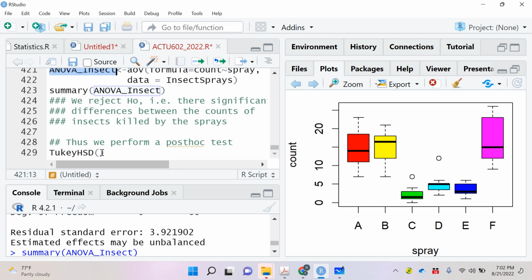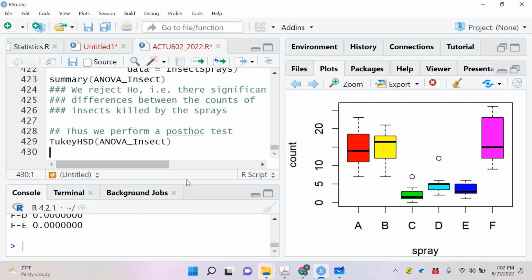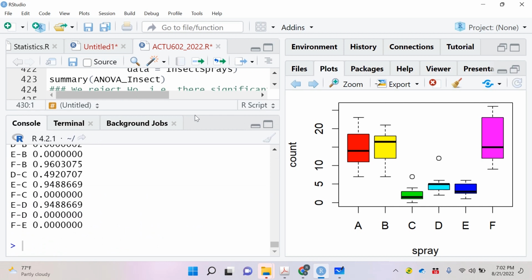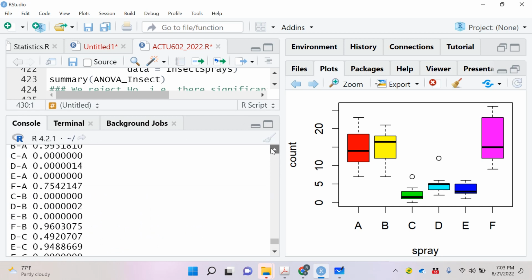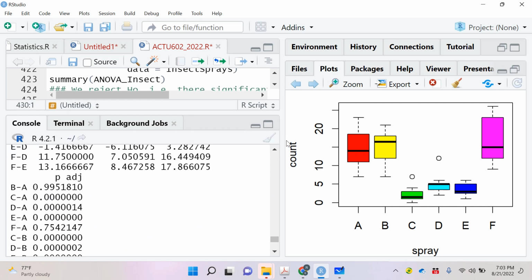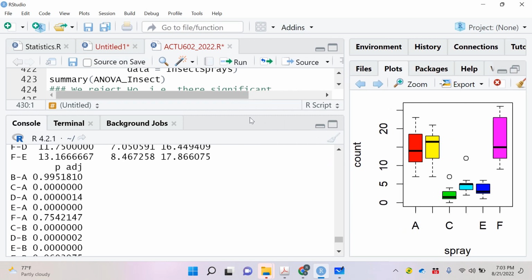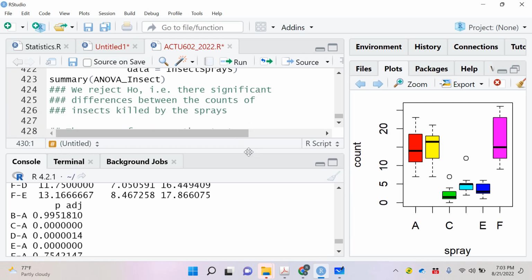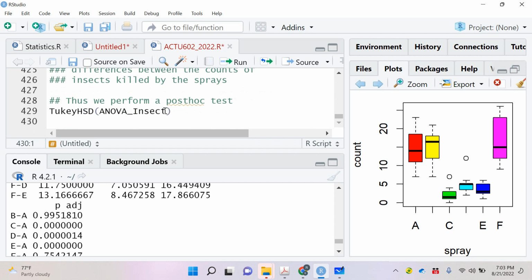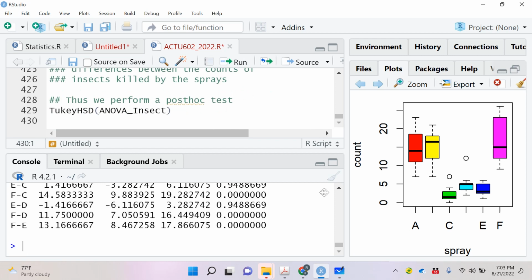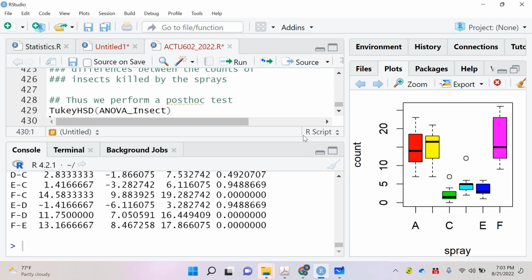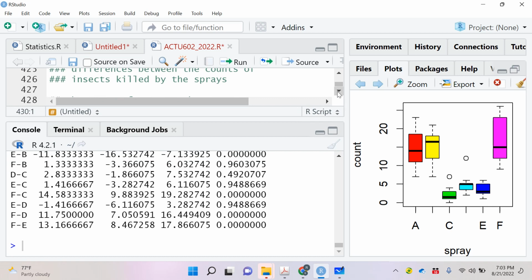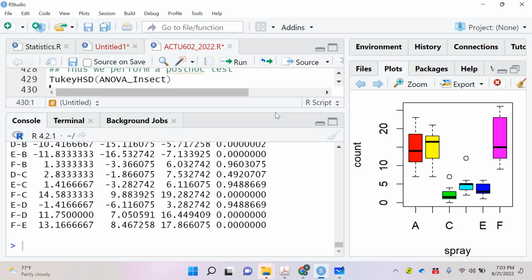So we just pass it through Tukey, with 0.95. What I need to show you is how we are going to interpret this. So we did that, and this is our results.